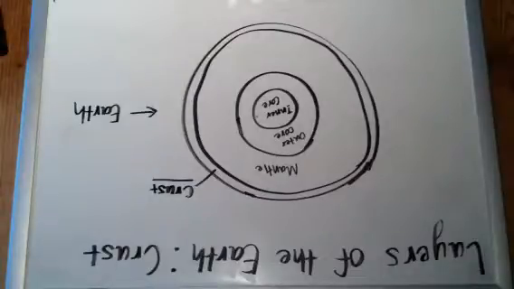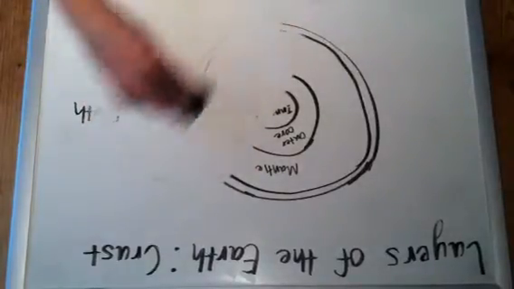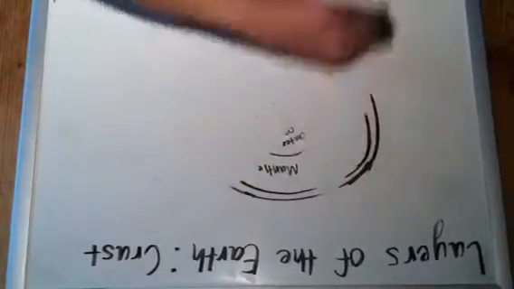Although I drew this circle diagram up in about 10 seconds, and I wasn't focused on being exact or artistic, you can see that the crust is, compared to the other layers, incredibly thin. And that is true to the actual Earth itself. I'll start writing down some facts here.